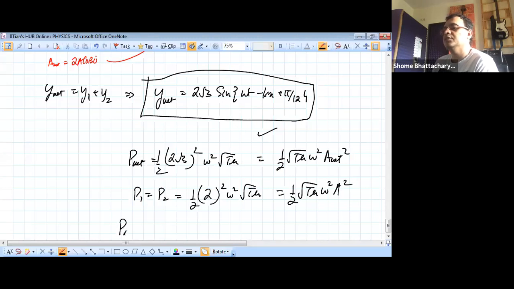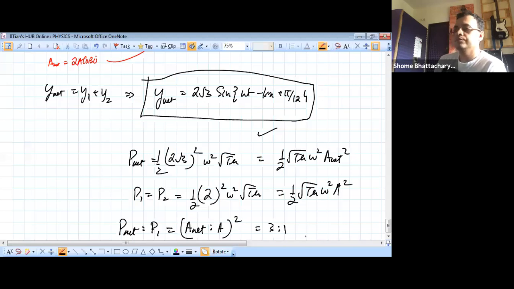So this ratio is basically net amplitude to this whole square. So it is basically 3:1. Very correct. So that's good. So that's the second part, the net power.